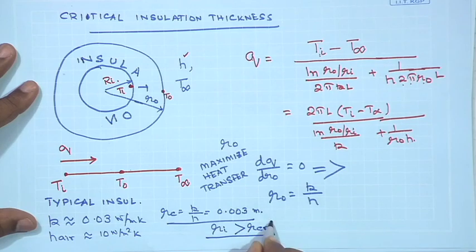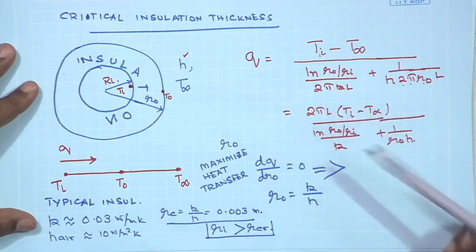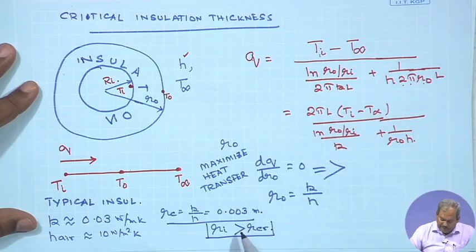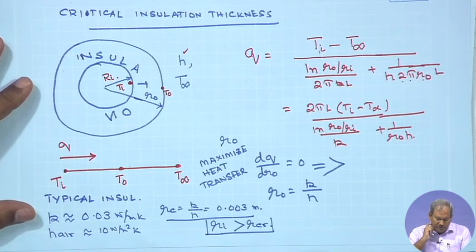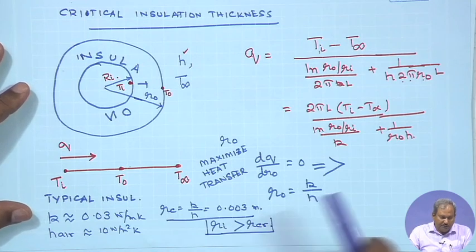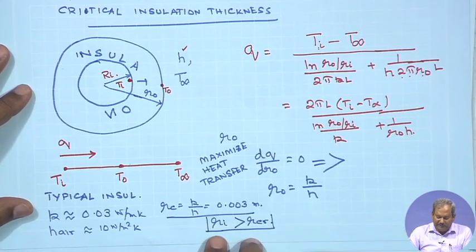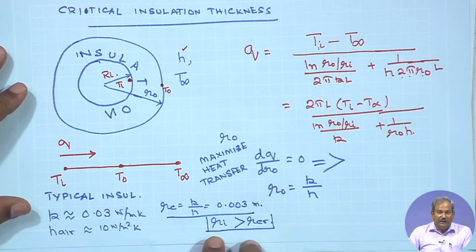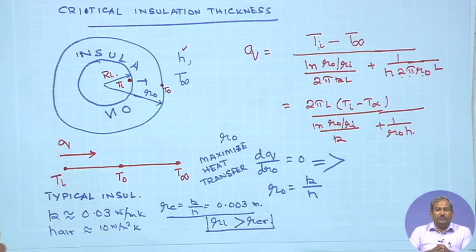So, R_i is greater than R critical, and therefore, you do not encounter the effect that by increasing the insulation thickness you are going to get enhanced heat transfer. But for some situations this is there, and the basic purpose of providing insulation is to reduce heat transfer.